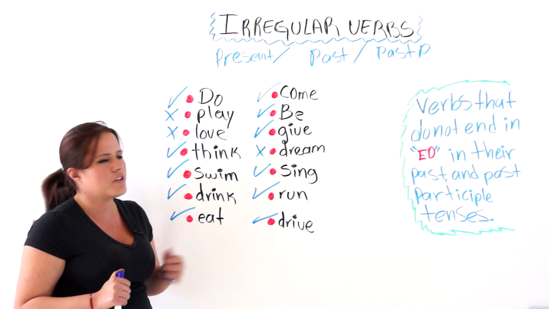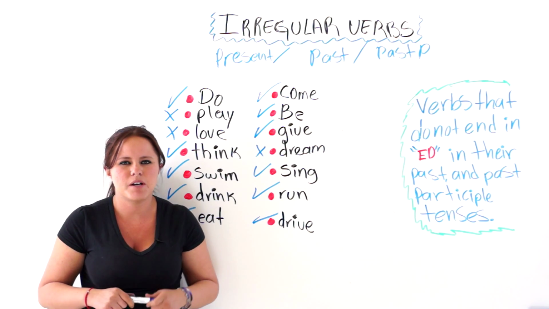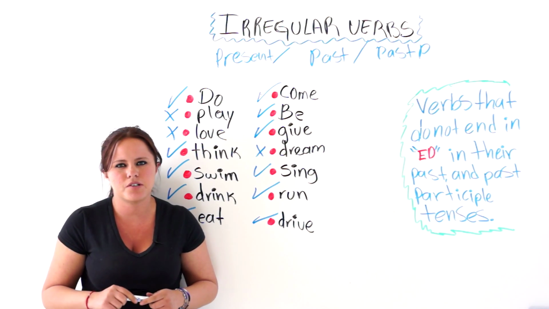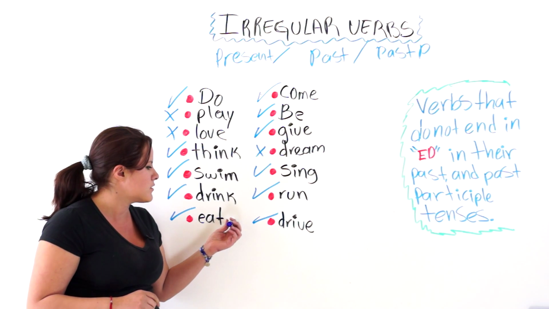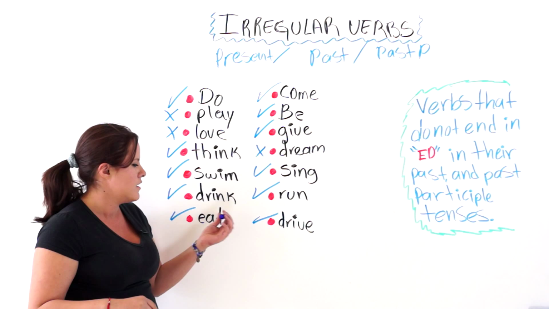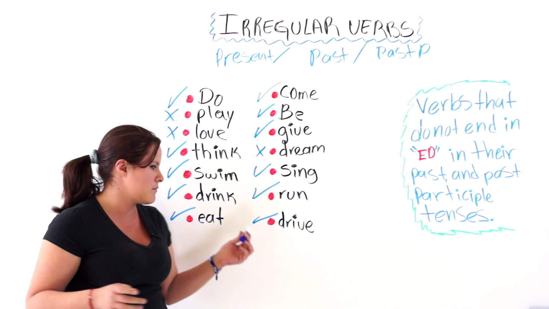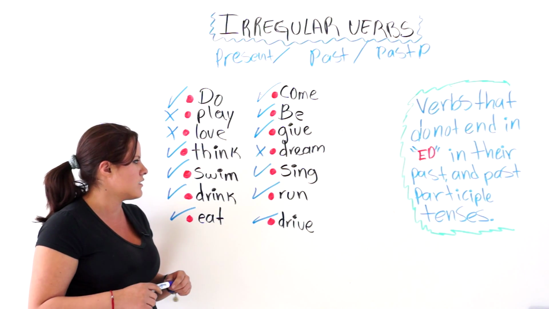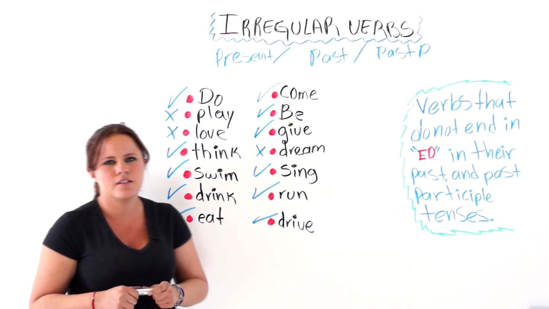So you have to learn these by heart, especially the past and the past participle tenses of these verbs, because we can change them into the present participle tense by adding ing and sometimes a double consonant. Eating, drinking, swimming, thinking.